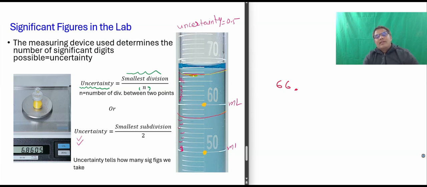See, this is just at the half. Now look at that. You can say that 65, 66 is guaranteed, and you can say 0.5 now. You can say 0.5, and this 0.5 is the uncertainty.